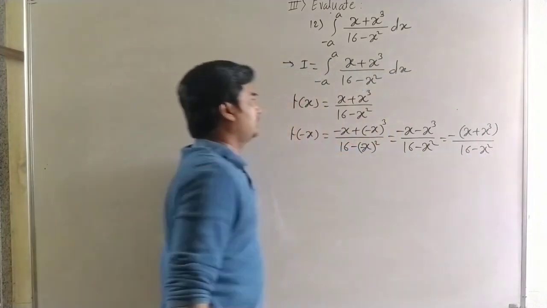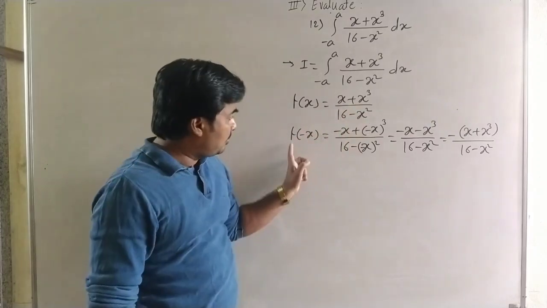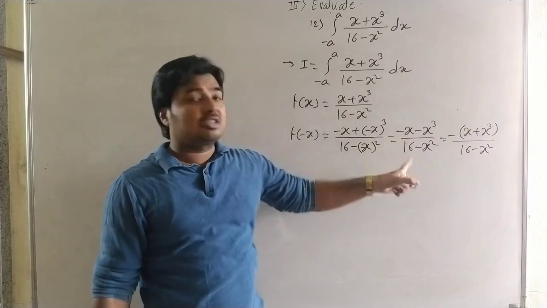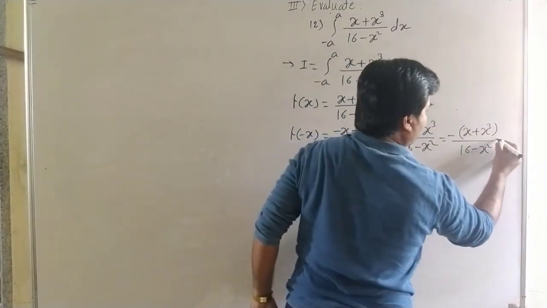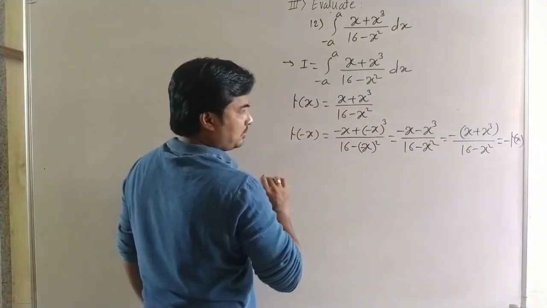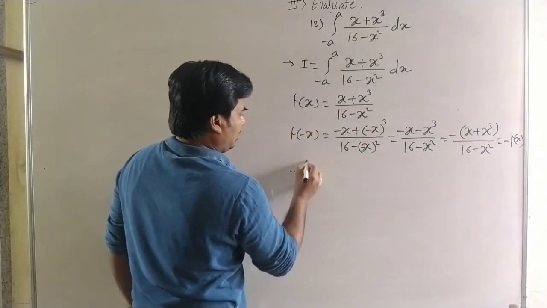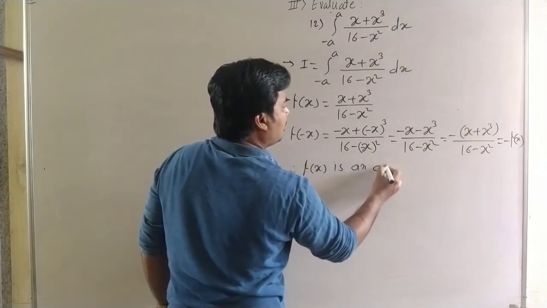See carefully this. f of x is x plus x cube upon 16 minus x square, and f of minus x is minus of x plus x cube upon 16 minus x square. That means it is minus f of x, and minus f of x means the function is odd. Therefore f of x is an odd function.